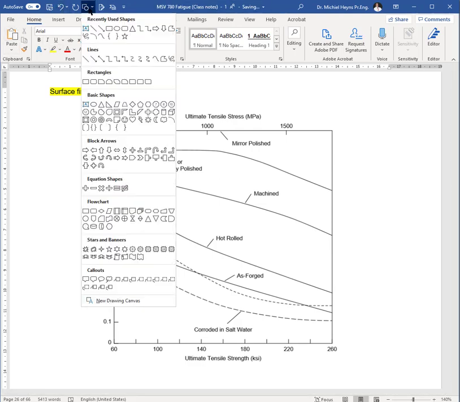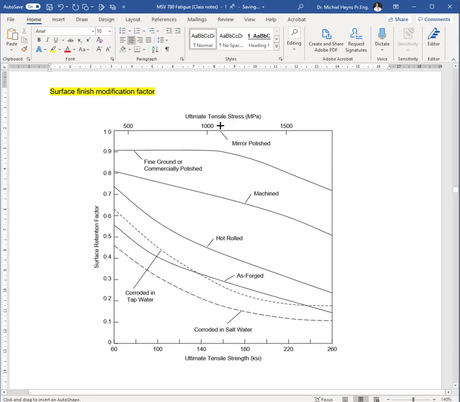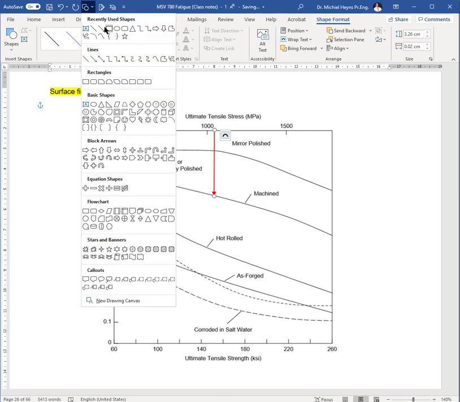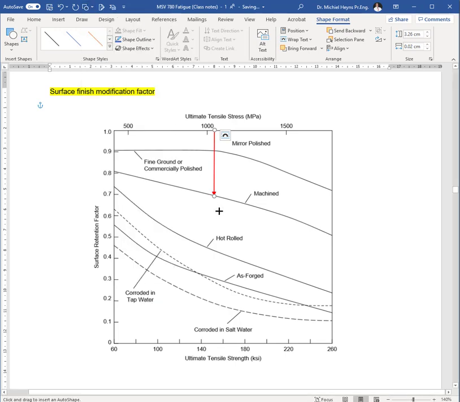So I'm going to insert a line from the 1050. So this is 1500, this is 1250, 1200, 1100, 1050 is approximately there. Then I go to my machined surface here, and I'm going to insert an additional line to the left to read off my factor.